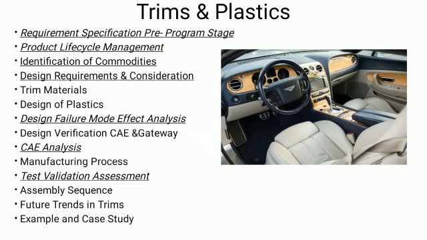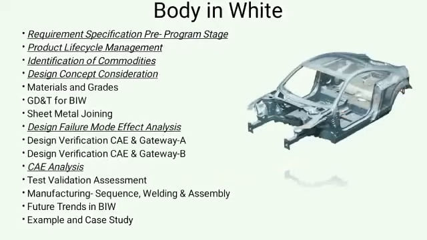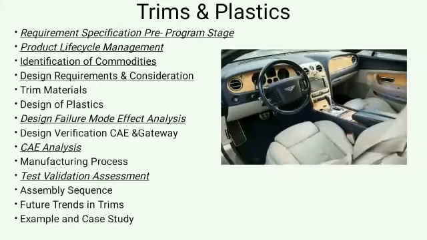Such things are part of plastics and trims. The things I am showing here with underline and italic are common for trims and plastics: requirement, product life cycle identification, design concept, failure mode analysis, CAE analysis. Those things are common for both.